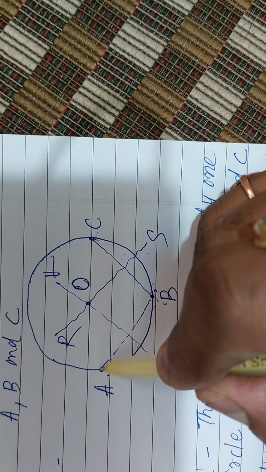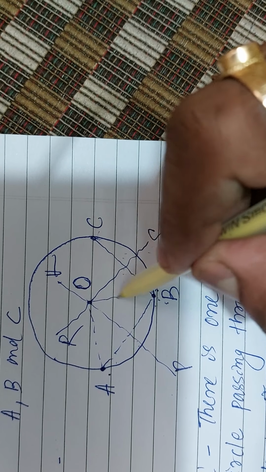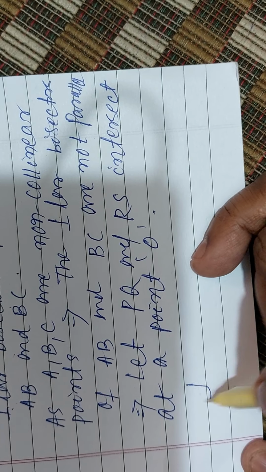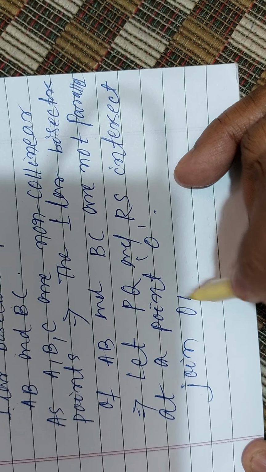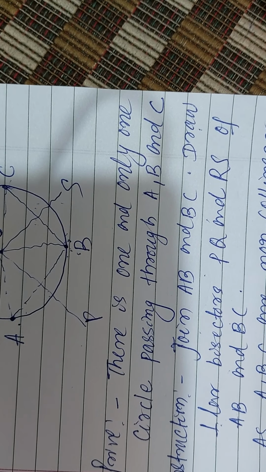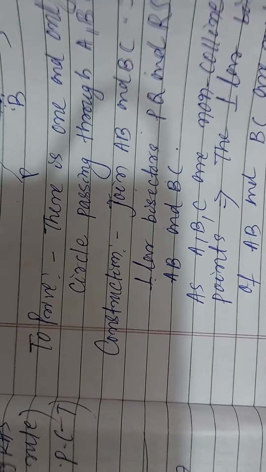So join OA, OB and OC, right? So what do you write here? Join OA, OB and OC. Clear? This is the construction. Now prove that. Proof.